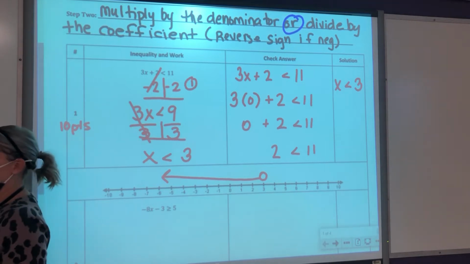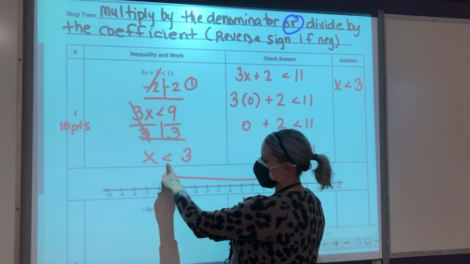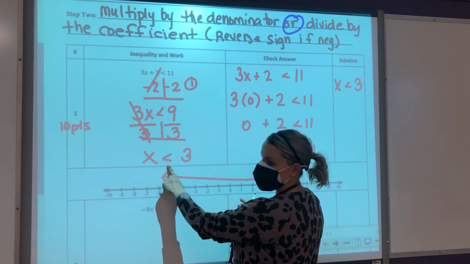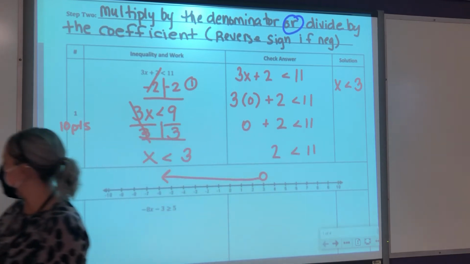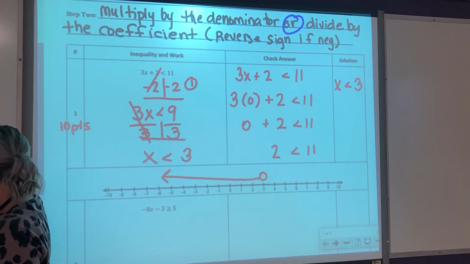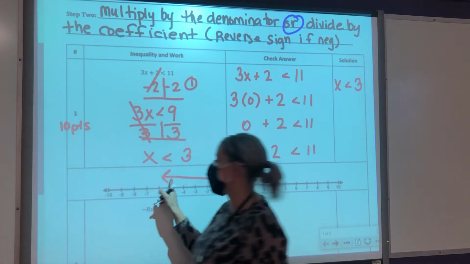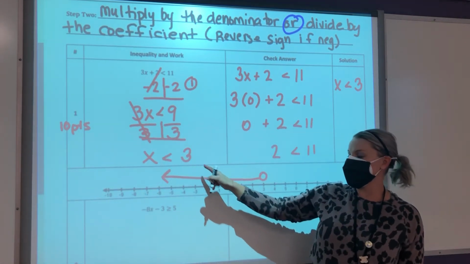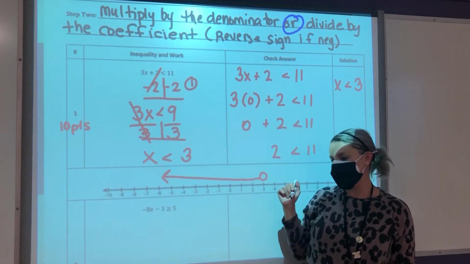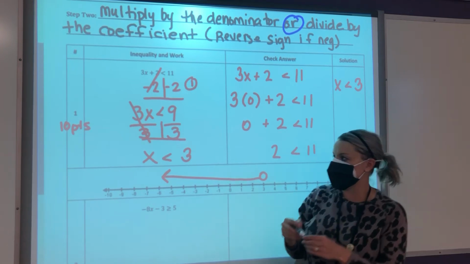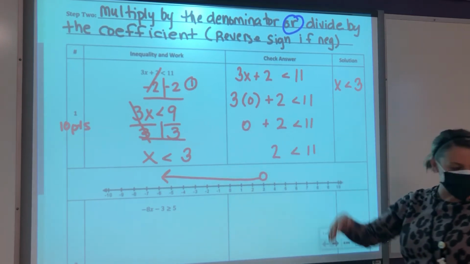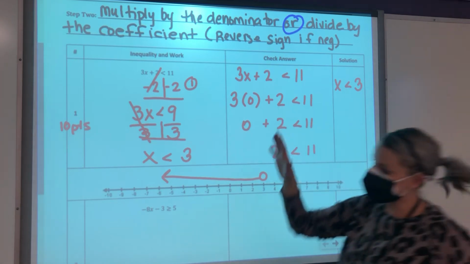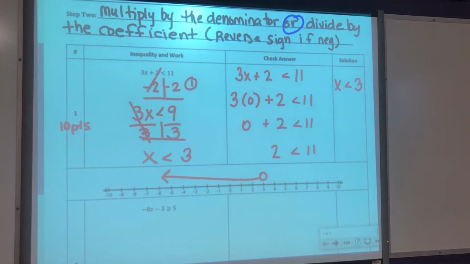So same process. All that's changed is instead of an equal sign, it's an inequality symbol. This is one solution. This is infinitely many solutions, other than 3 and numbers that are greater than 3. So you just gotta follow that same process because you did really well on that test. Same process. It just looks a little bit different.